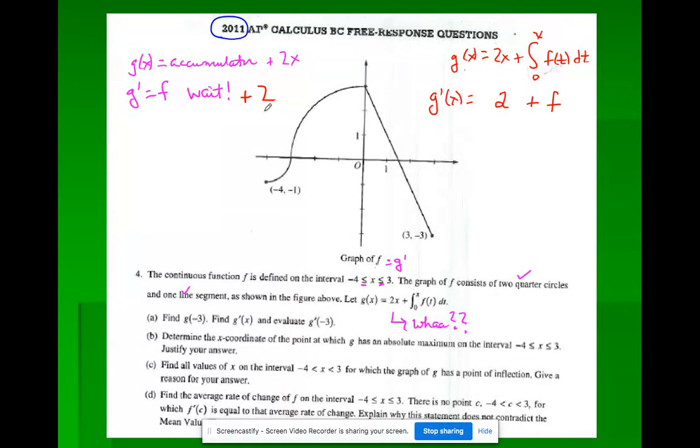So be careful when you calculate -3, right? What is g of -3? G of -3 is 2 times -3 plus the accumulation of 0 to -3. Oh, snap.